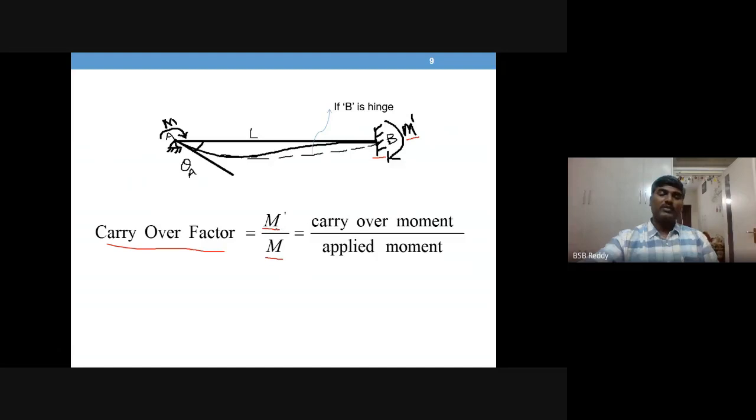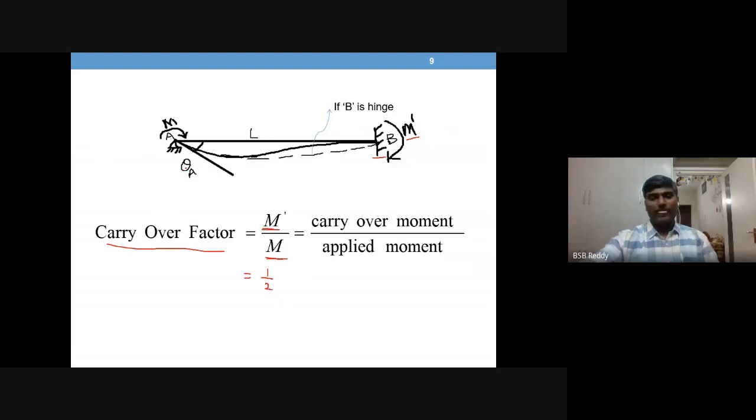The ratio of carryover moment to applied moment is called carryover factor, and we have calculated its value as 1 by 2.